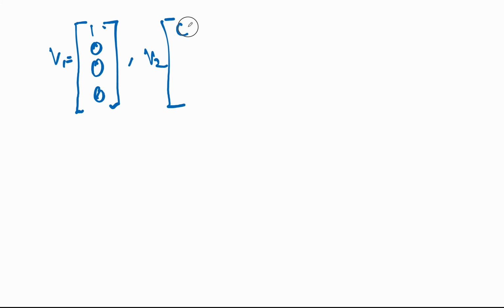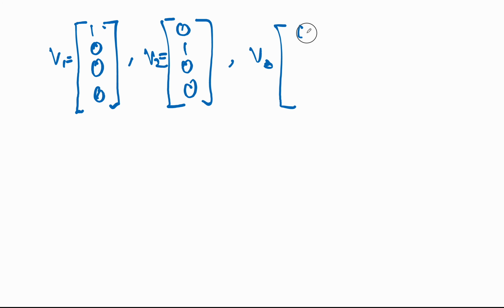To give an example, and we'll go with a very straightforward one, this is V1, this is V2, V3 is another one, and V4 is this.